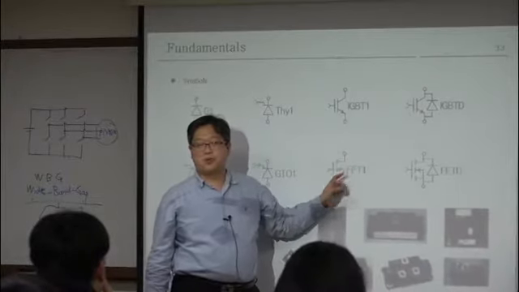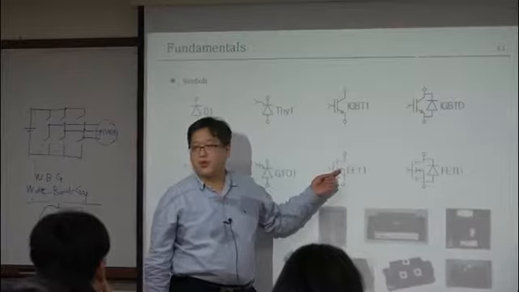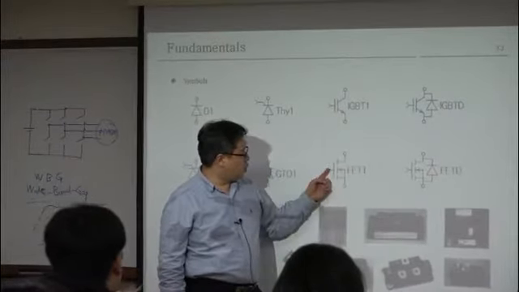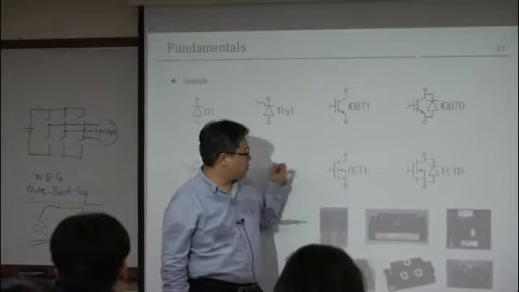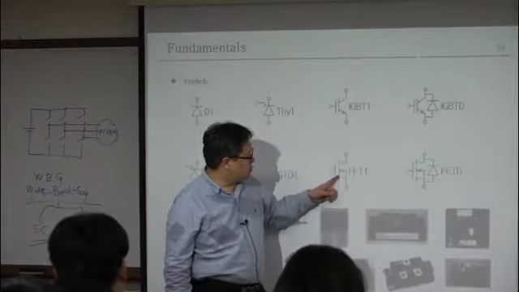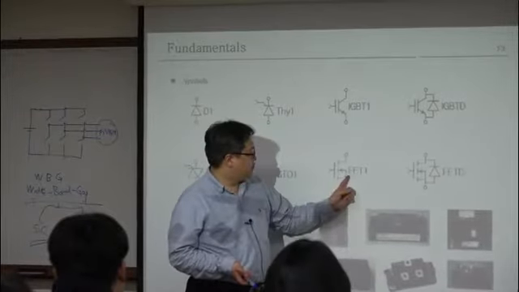But usually the performance of the internal body diode is very bad. So if you want to flow current in reverse direction, you can also give a gate voltage. Since the MOSFET has a channel, through the channel you can flow the current.